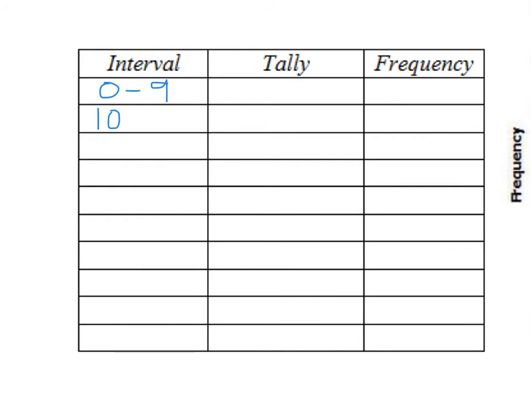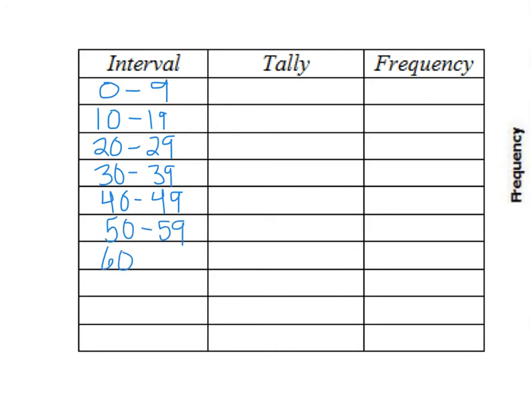So I'm going to go from 10 to 19, 20 to 29, 30 to 39, 40 to 49, 50 to 59, 60 to 69, 70 to 79, 80 to 89, and 90 to 99. Our highest digit is 97, so it would still fall within our intervals. Okay, so there you have your intervals.